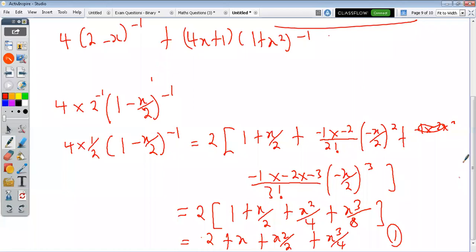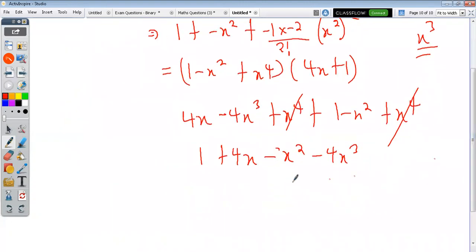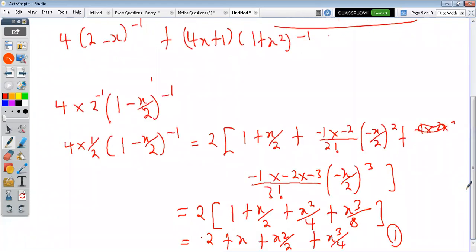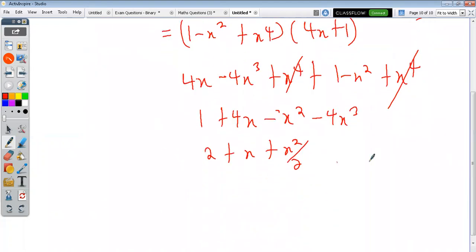It was 2 plus x, okay, so we had 2 plus x squared over 2, 2 plus x squared plus x cubed over 4. So if we add this here, 1 plus that, we get 3. Yeah? Are you following? Yes, sir.